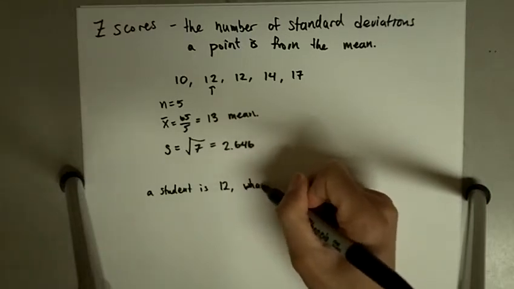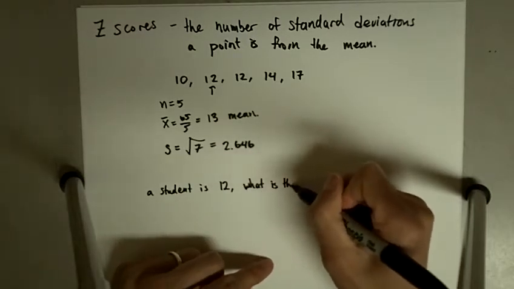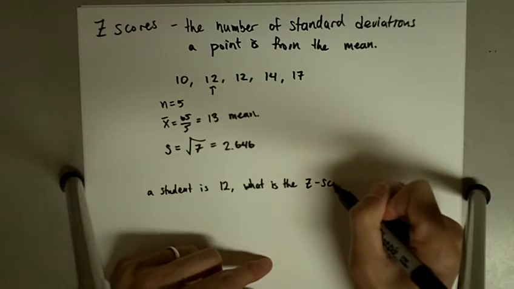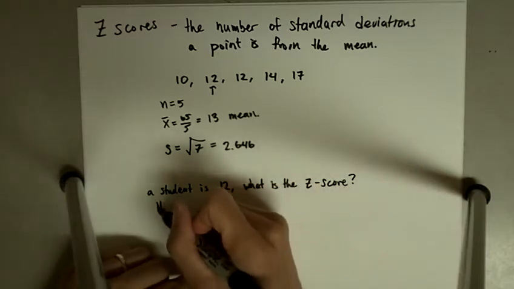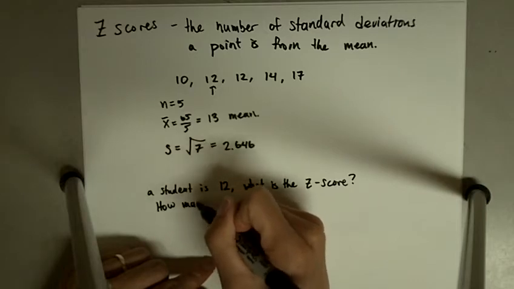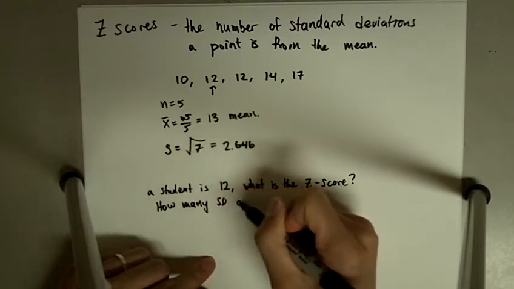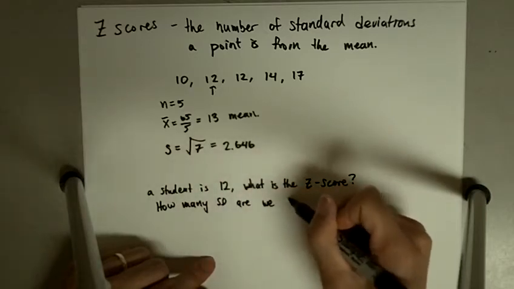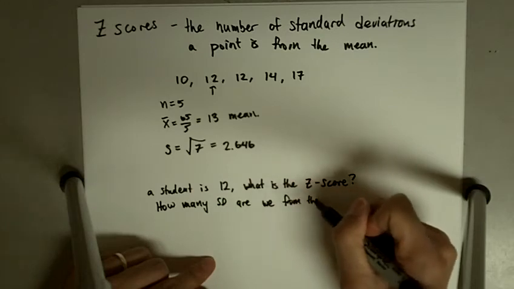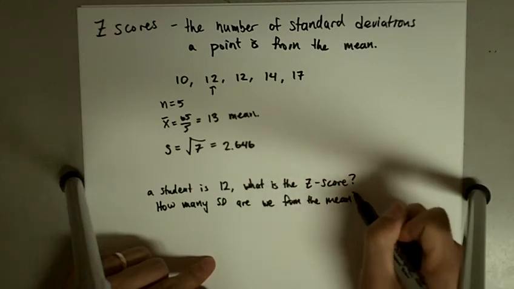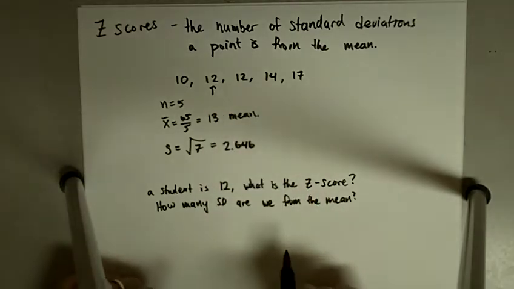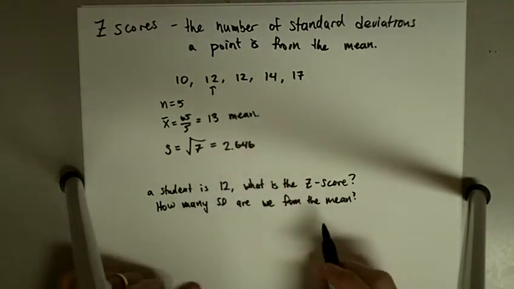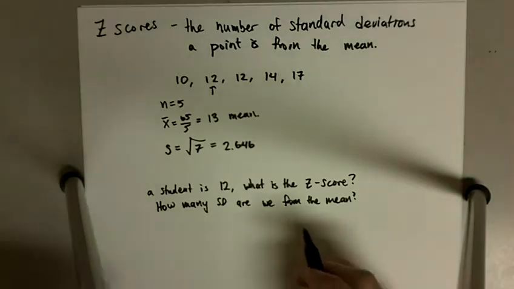what is the z-score? We ask how many standard deviations from the mean are we? Okay, well, 12 is 1 year from the mean, and each standard deviation is 2.646 years.